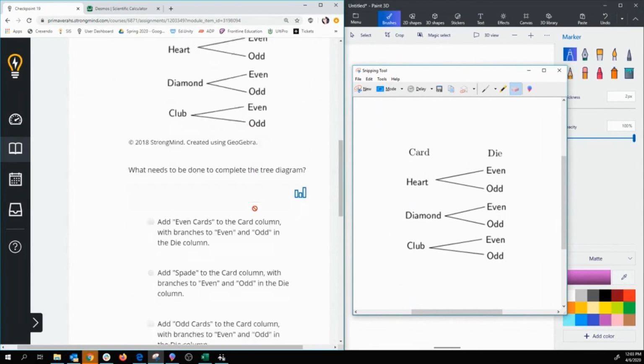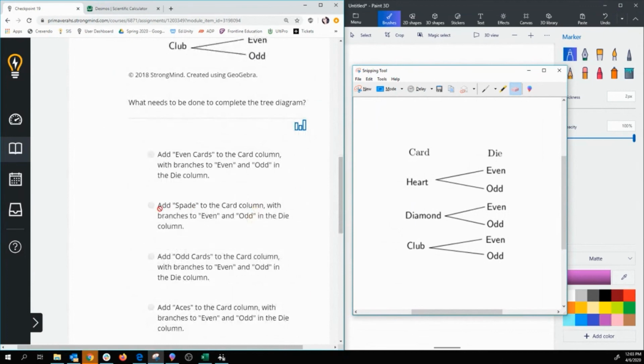Perfect. So if spades is missing, do we also need to add the even and odd branches attached to it? Yes, right? Perfect. So we need to add a spade card column, and we need to add the even and odd branches to that.